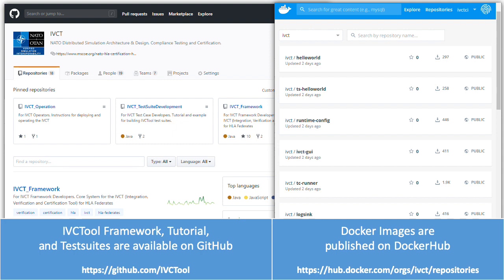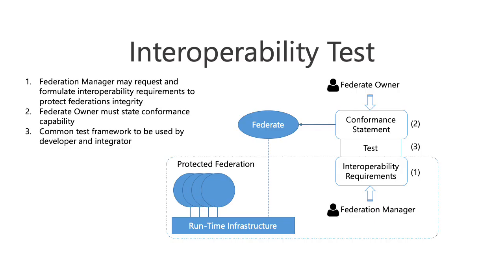About interoperability test, what do we think is an interoperability test? If you consider a federation manager who wants to combine several federates into one federation used for training, used for decision support systems, the federation manager wants to make sure that you only include federates which are not destroying a federation, which are not bringing any invalid behavior into the federation.